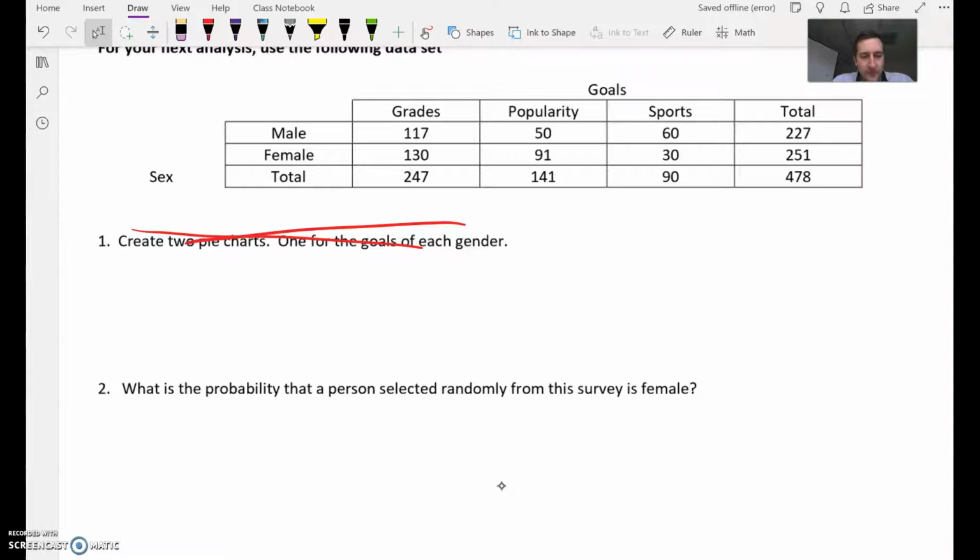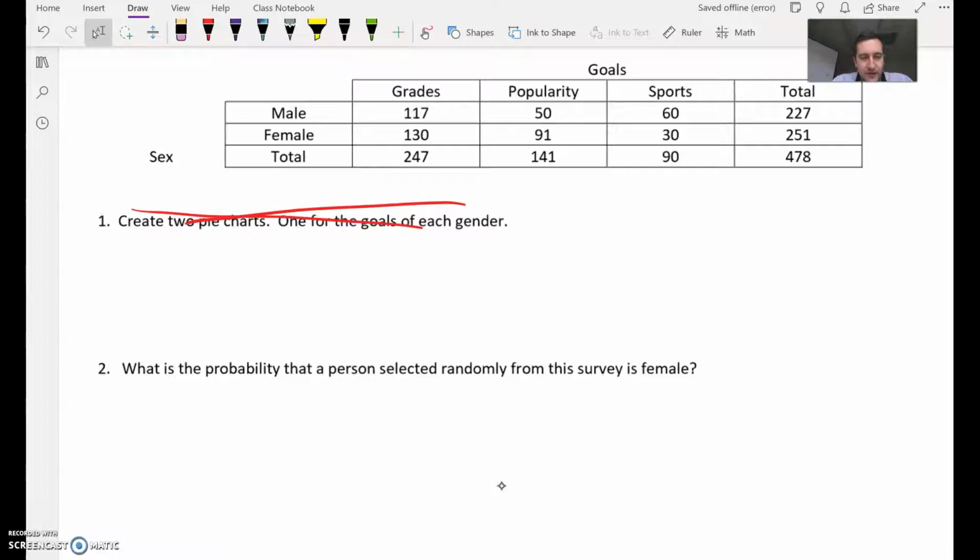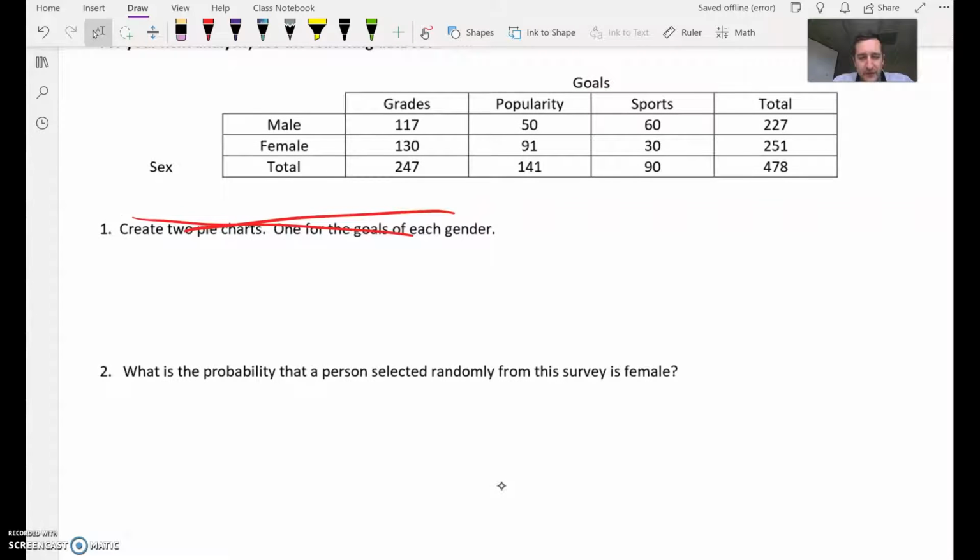Okay, what is the probability? I'm looking at number 2 now. What is the probability that a person selected randomly from this survey is female? Well, we know probability is simple division. It's the number that you're looking for divided by the total. So in this case, female. How many females are there in this survey? There were 251.